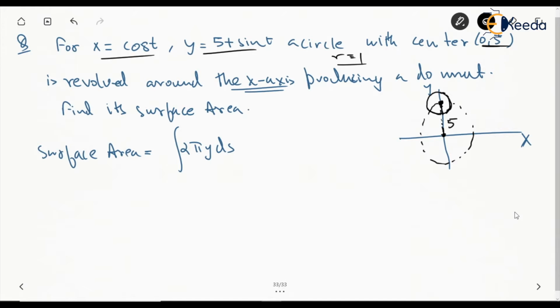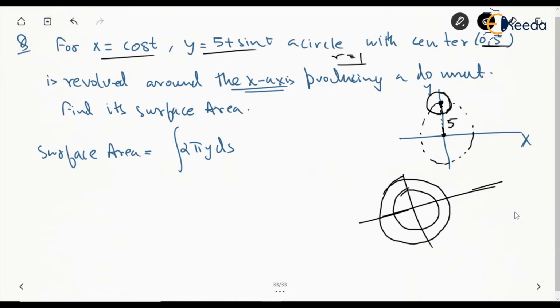So if you form it in this manner, then looking at it from another angle, you'll get a structure like this. This is the structure which you will get, considering this being 5, and obviously this is that circle which we have made here.